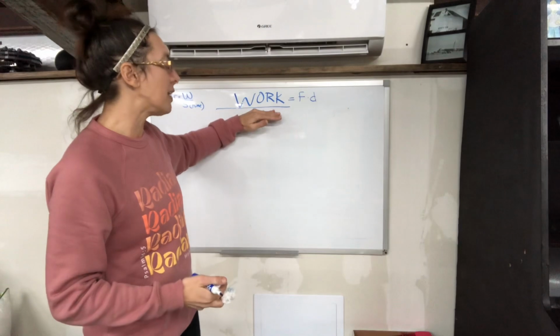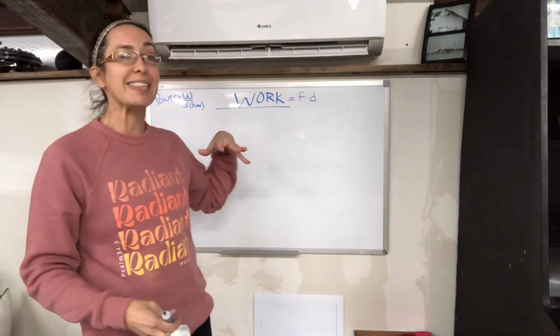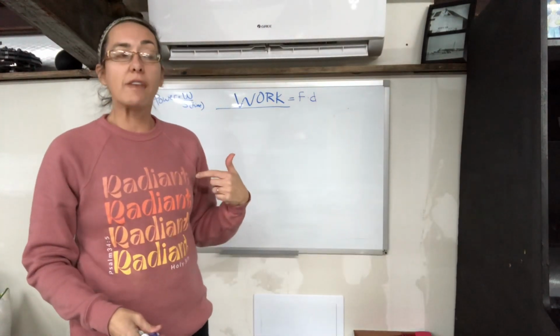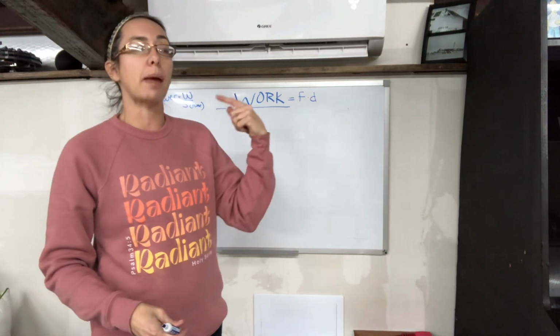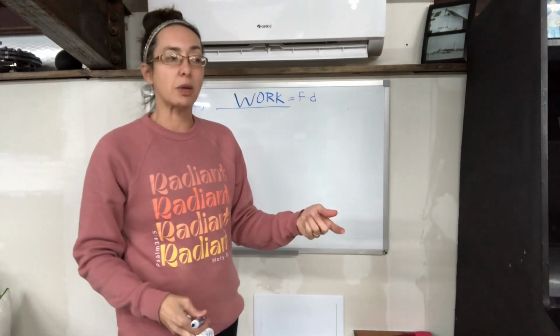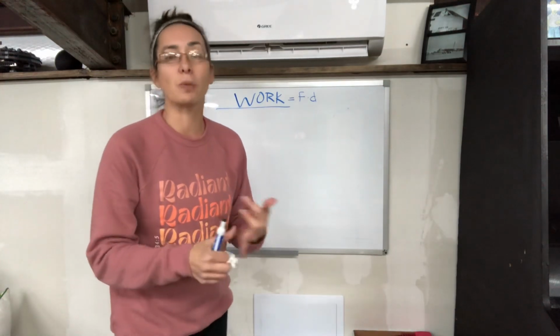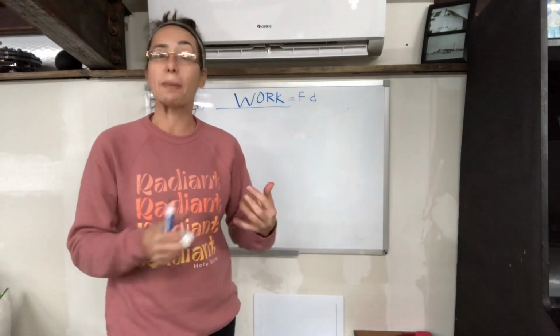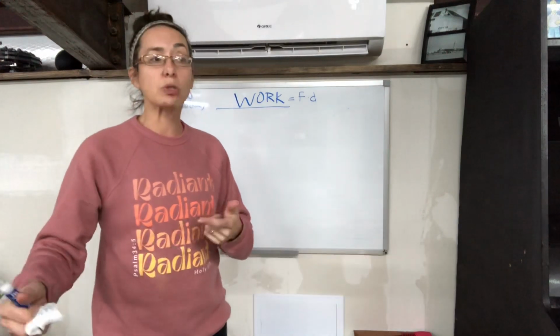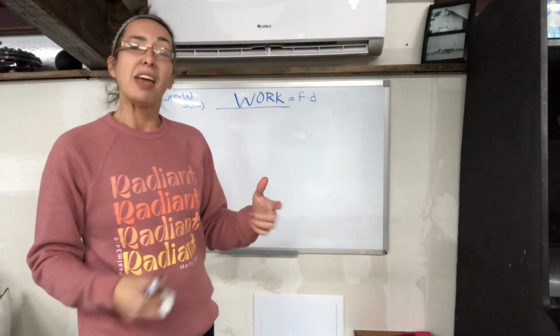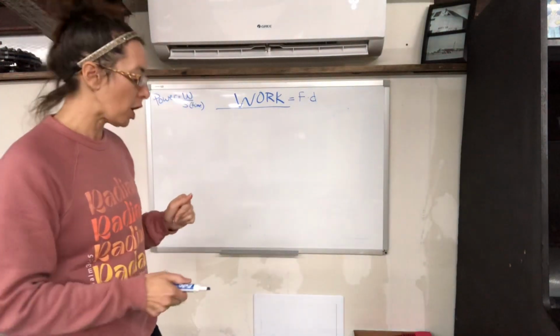So if we're looking at efficiency, we're never going to get the same amount of work out of a system as we were able to put in to the system, because something is going to be grinding, or we're going to have some friction, or there's going to be some heat that is released, so we don't have all the same energy there.